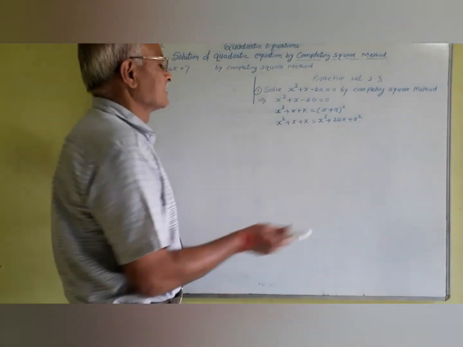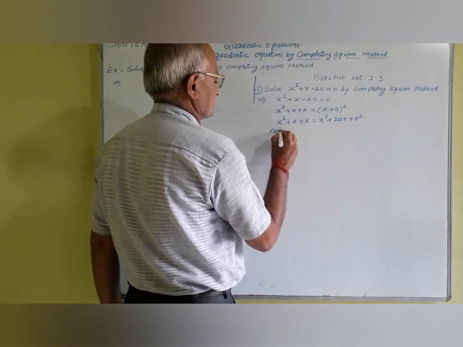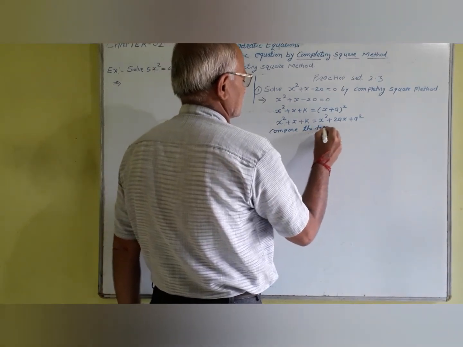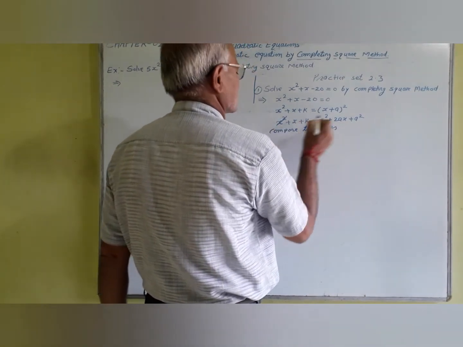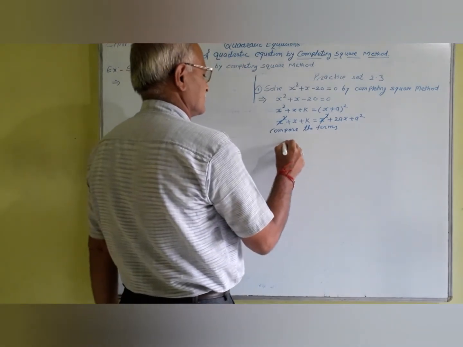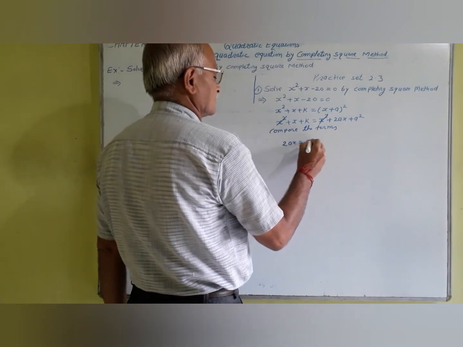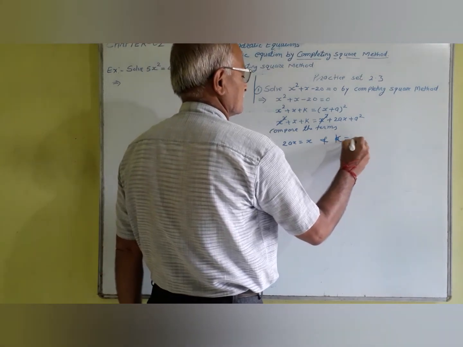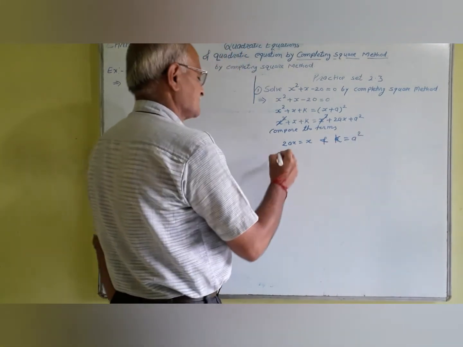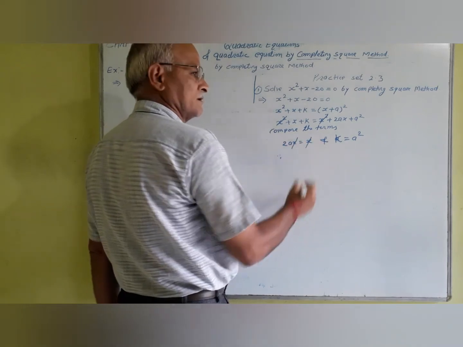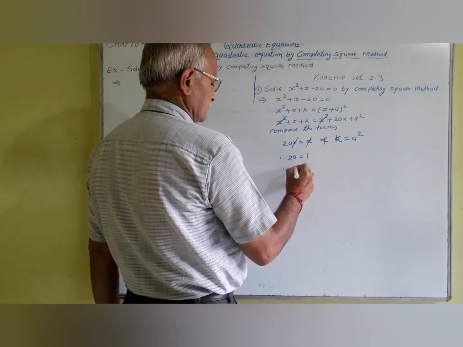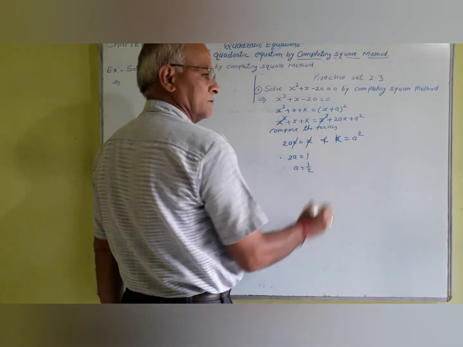Now here compare the terms. Now the x square cancels. 2ax is equal to x and k is equal to a square. Therefore, this x cancels. 2a is equal to 1. Therefore, a is equal to 1 upon 2.